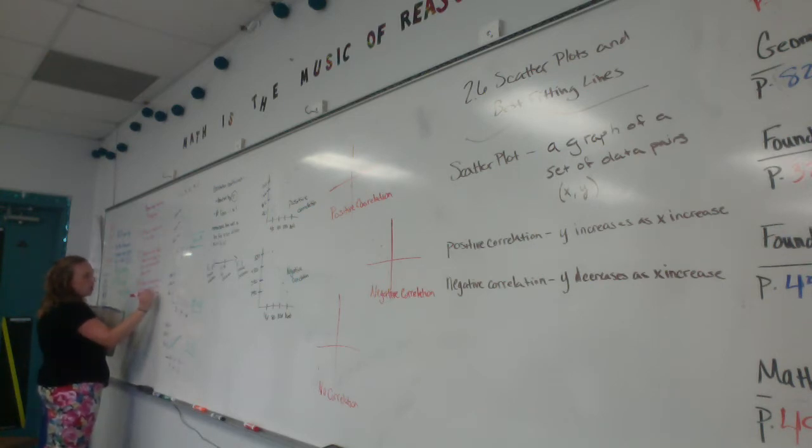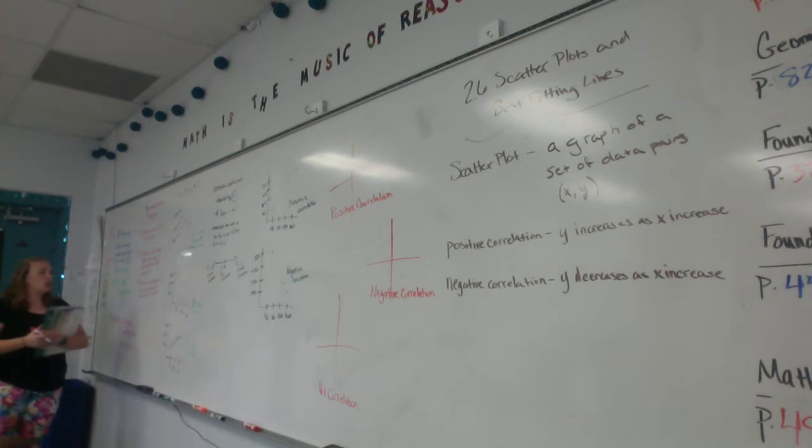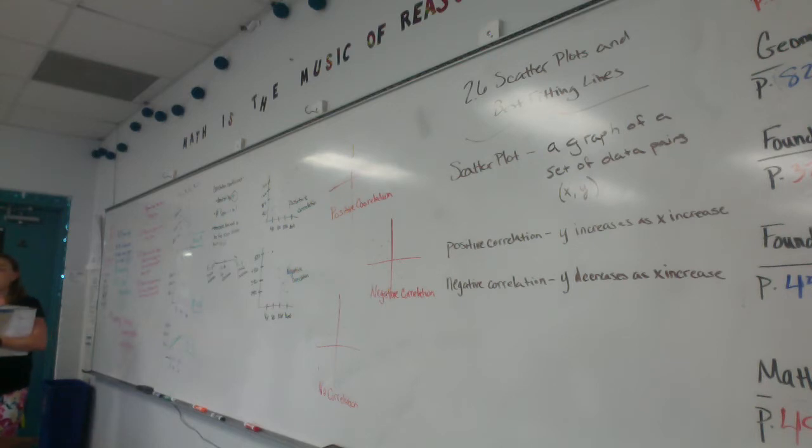So whatever points fall on that line that you created, you're going to estimate the coordinates of each point. If you have 2 that you could read perfectly, don't estimate, just grab those 2, okay? Make it easier on yourself. These points do not have to be original data points.